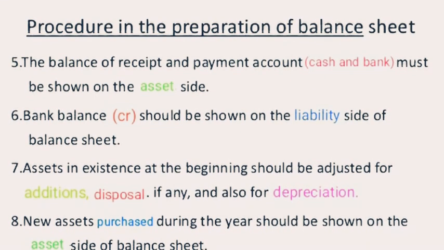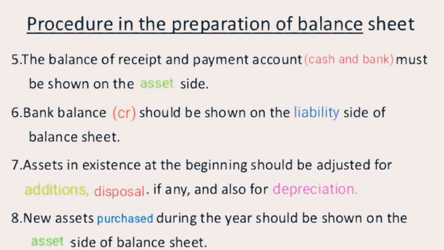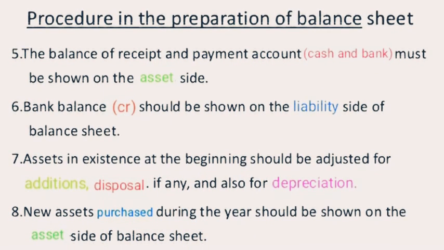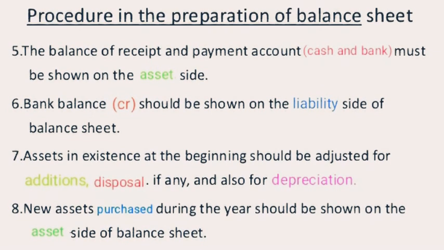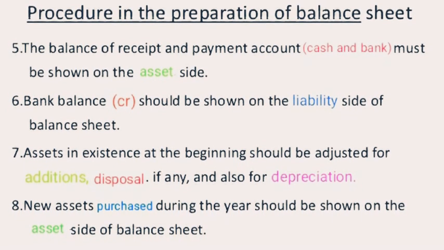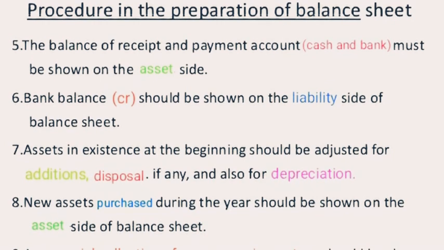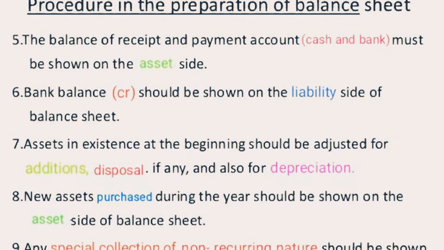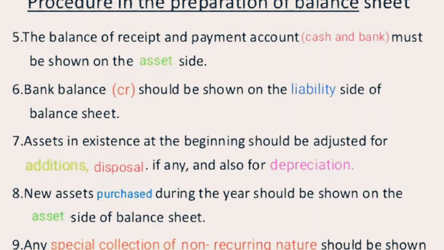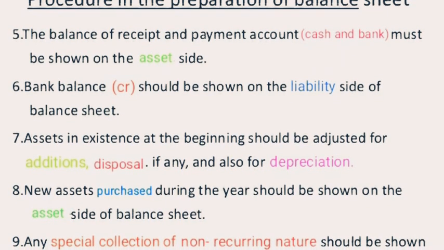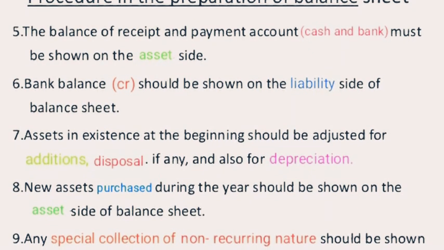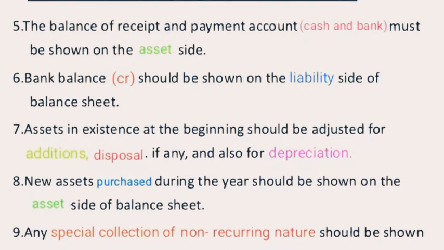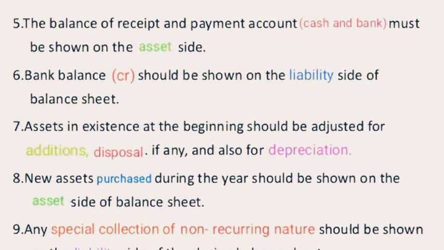Outstanding liabilities, that is capitalized part of entrance fees, life membership fees, outstanding expenses, and subscriptions received in advance at the closing date will be shown on the liability side, and outstanding assets such as prepaid expenses, outstanding subscription for the current year, outstanding income, etc. will be recorded on the asset side with the closing cash and bank balance from the receipt and payment account.